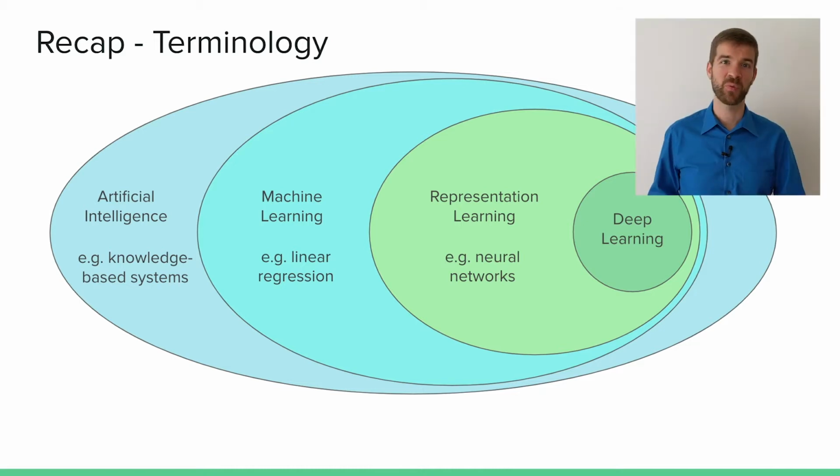And then there is one particular subsection of representation learning, which is deep learning, where we use neural networks and typically stack them with lots of layers, and then we can call them deep learning.